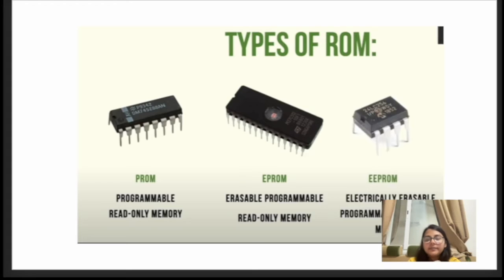So recall what we have done in the previous class and tell me what are the features of ROM. Actually, ROM is more reliable than RAM, and we can say it is a non-volatile memory. So ROM is what, students? Non-volatile. Okay, this is an important point, so you have to mark non-volatile memory.